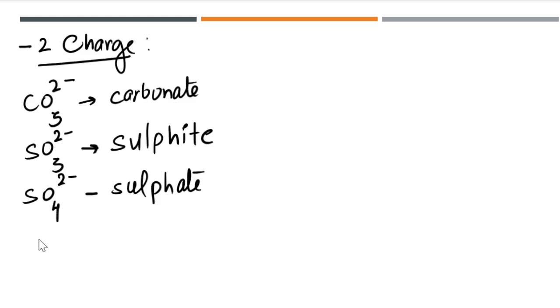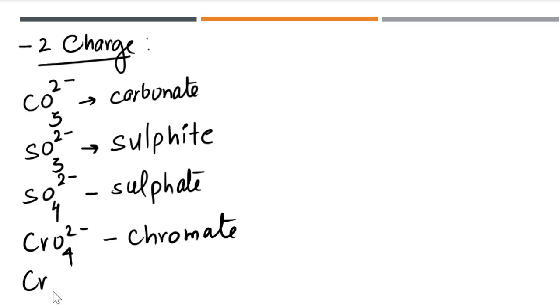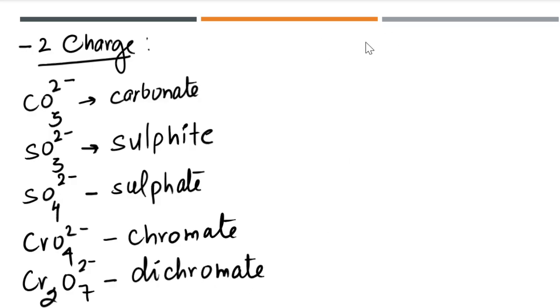राइट. फिर हमारे पास आ जाता है क्रोमेट, and we have dichromate. Then we go on to the ones which have -3 charge.